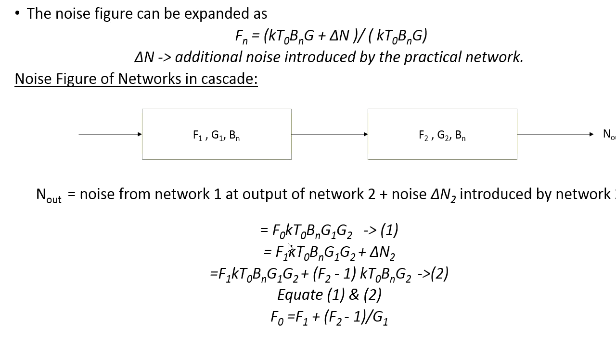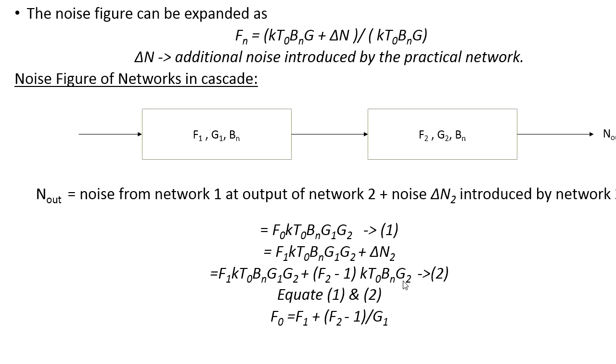If I replace F naught with F1, the noise figure of the first stage, N out is F1 KT naught Bn G1 G2 plus delta N2, the practical noise that is added at the output N out. And here delta N2 can be written as F2 minus 1 into KT naught Bn G2.